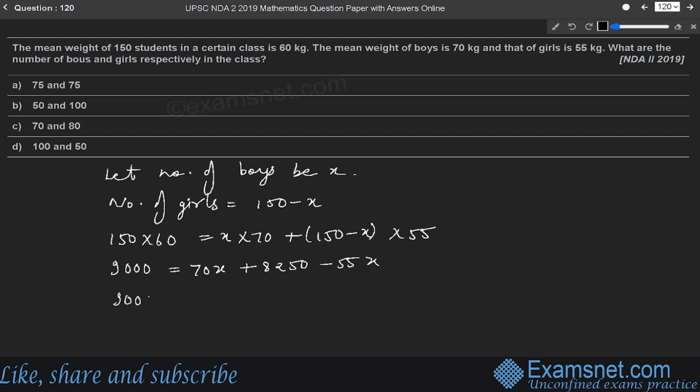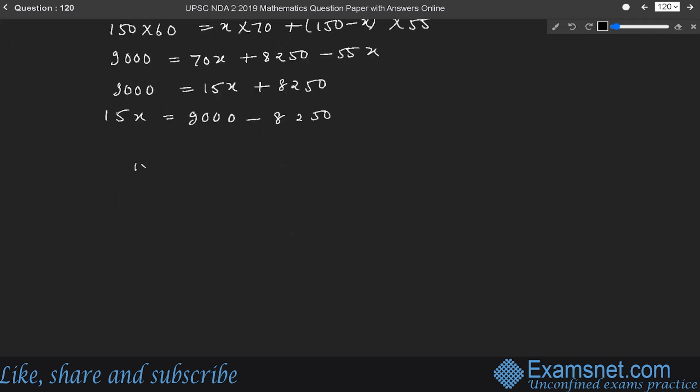So 9,000 will be equal to 15x plus 8,250. So 15x will be equal to 9,000 minus 8,250. Therefore, we can say that 15x will be equal to 750 and x will be equal to 750 upon 15.